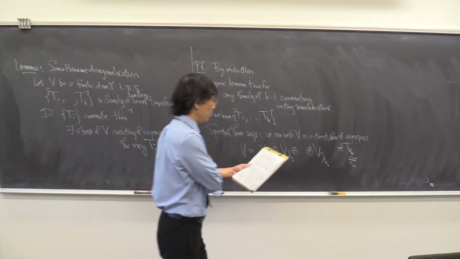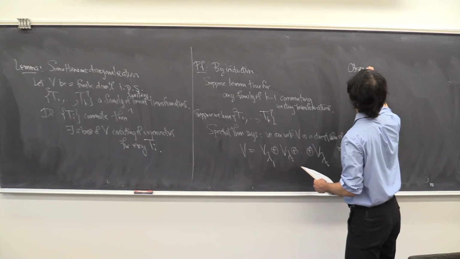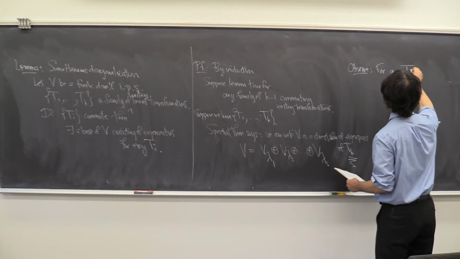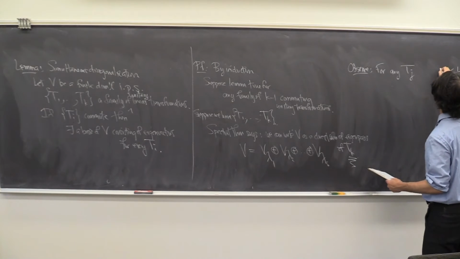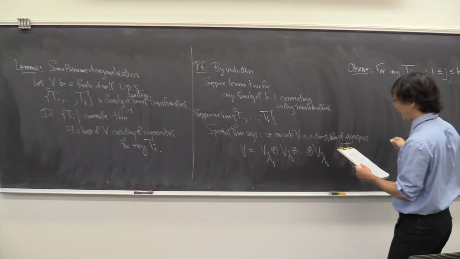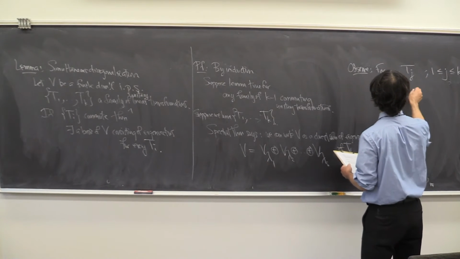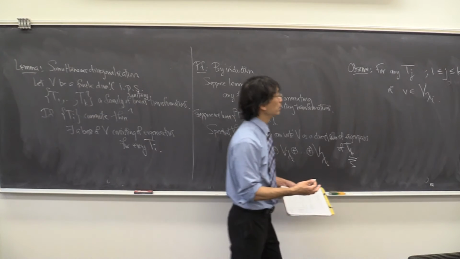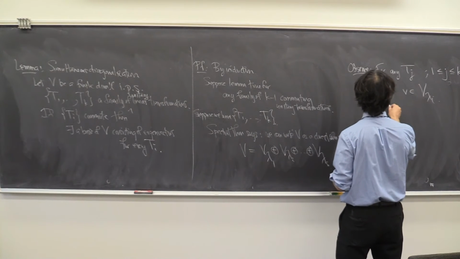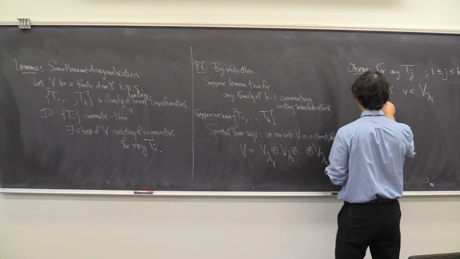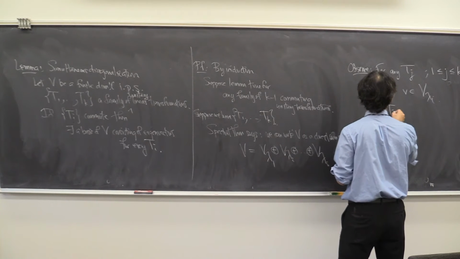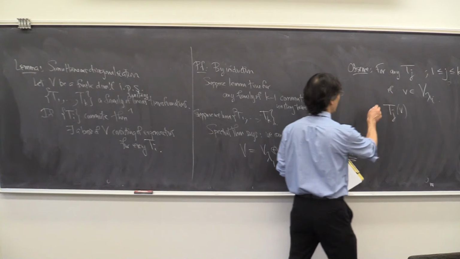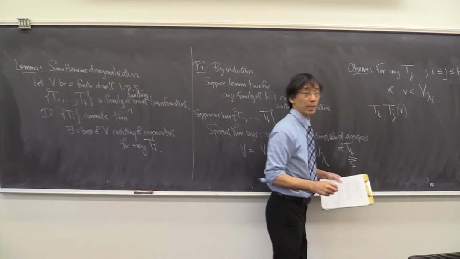Okay, so now observe, right? For any guy before that, so j between 1 and k minus 1, if you take some vector v in any one of those eigenspaces, and apply Tj to it, followed by Tk.